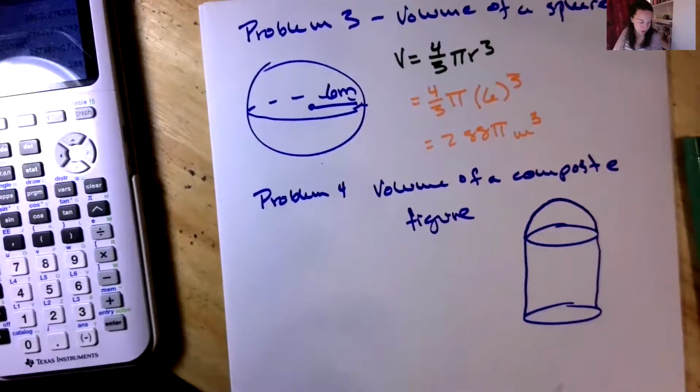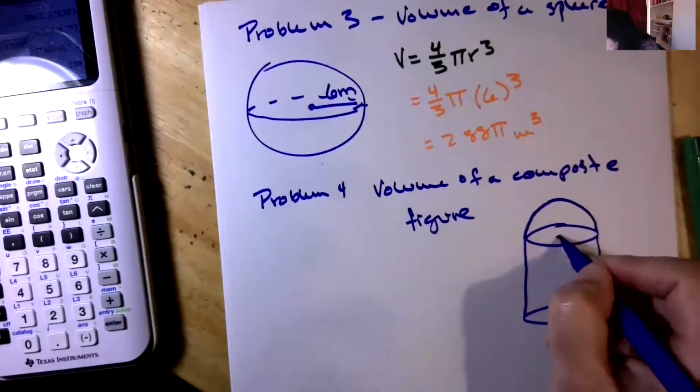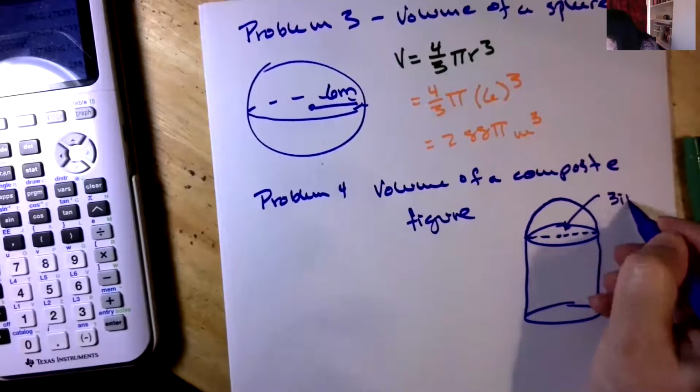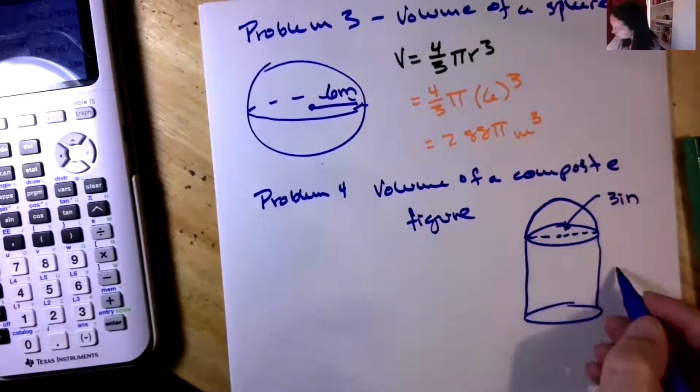Okay, so it says that the diameter is 3 inches and the height of our cylinder is 5 inches.